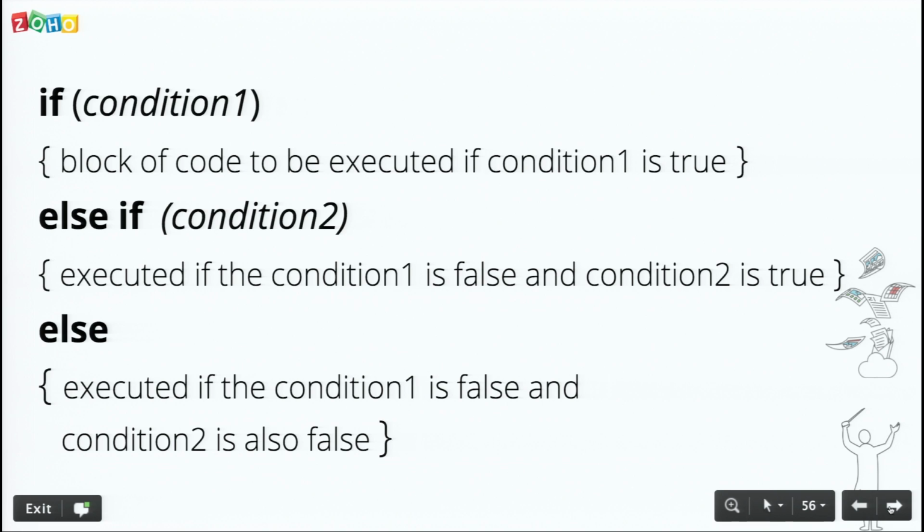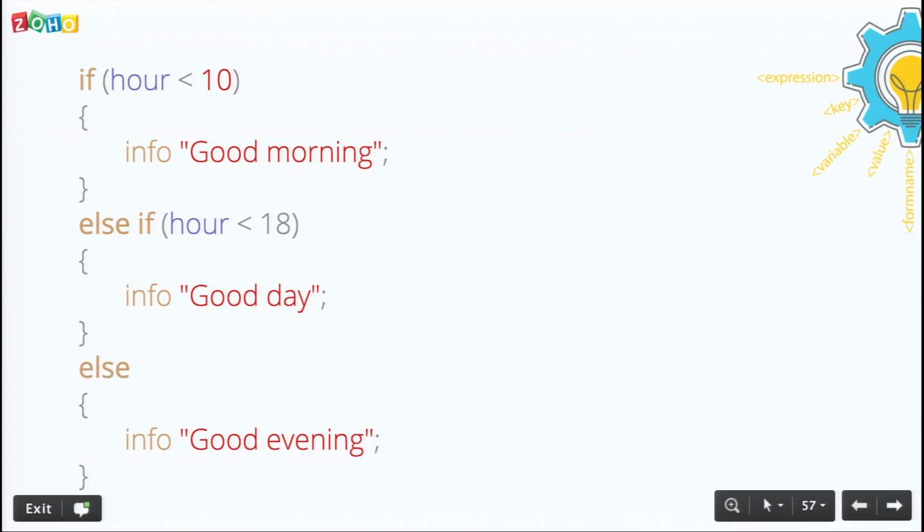If it is not the case, we'll say good evening, right? I want to include good morning as well. That's where you'll use else if. If hour is lesser than 10, use good morning. If hour is lesser than 18, say good day. If both of them are not true, do good evening.